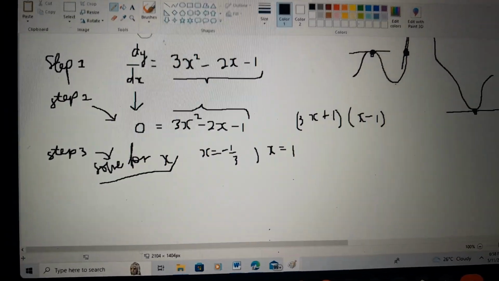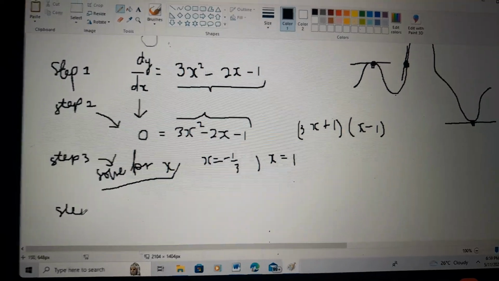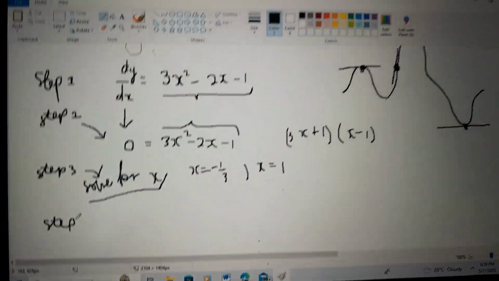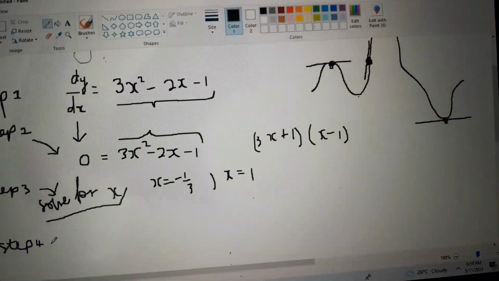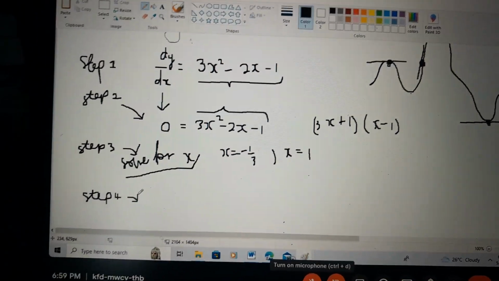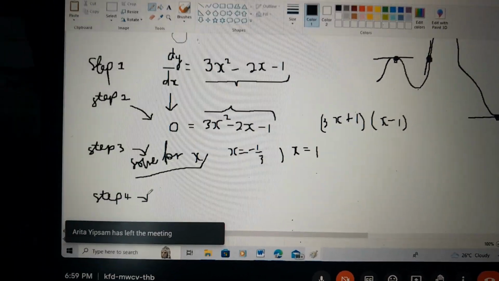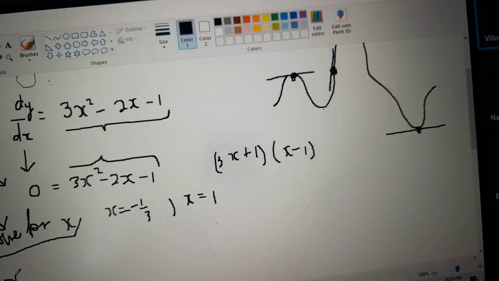Great. So we have our final step, step 4. So what's step 4? We're going to substitute the value for x. And why are we doing that?